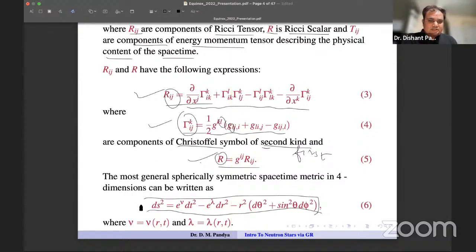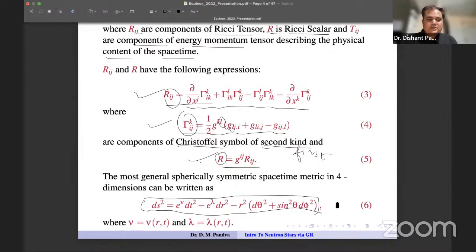So this is ds square equals e raised to nu dt square minus e raised to lambda dr square minus r square times d theta square plus sine square theta d phi square. Here nu and lambda may be functions of r and t. So this is the most general spherically symmetric space-time metric for the 4-dimensional space.